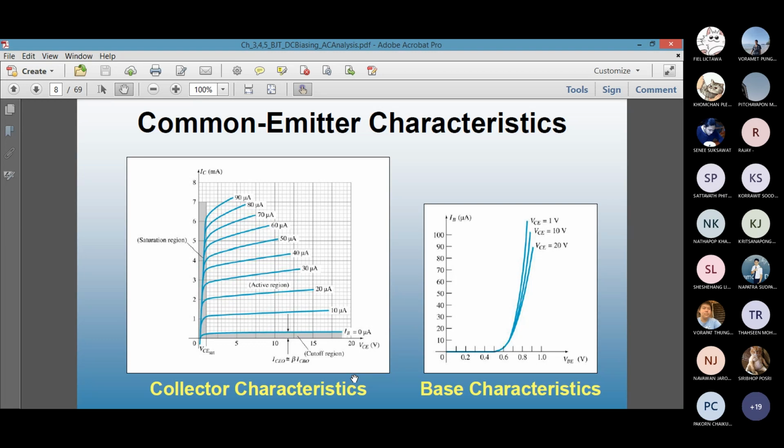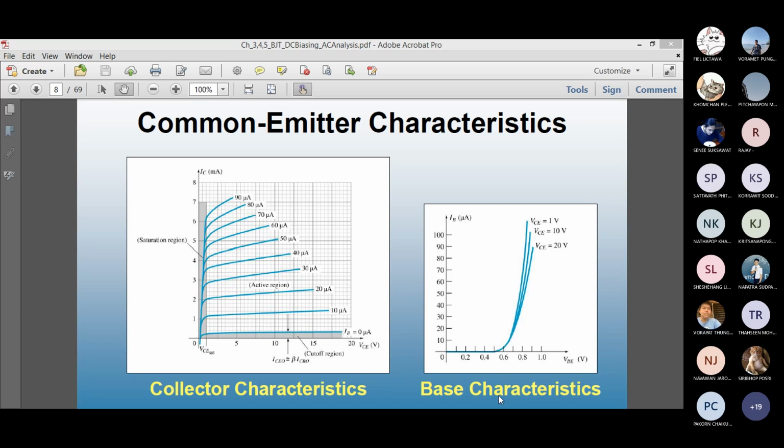But why do we need two graphs for this device? In the diode, you have only one graph. Why do we need two sets of graphs? This question I'll be asking to Warapat.